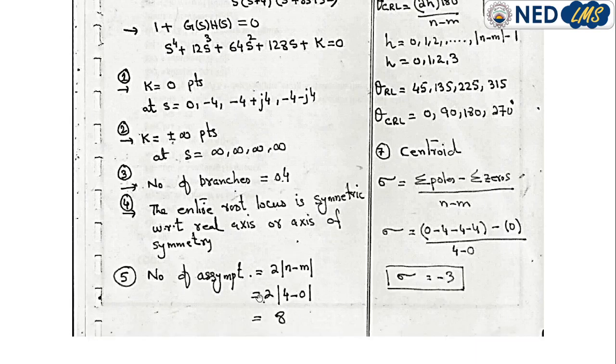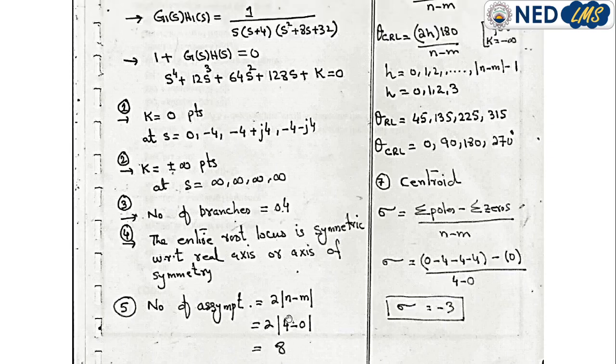Now here we have to find out the asymptotes. We have 4 finite poles, no zeros here. Therefore we have to find out 8 asymptotes, 4 asymptotes for the minus infinity points, and 4 asymptotes for the positive infinity points.